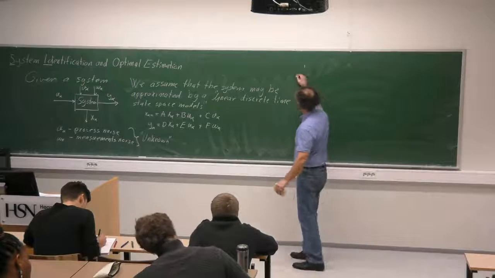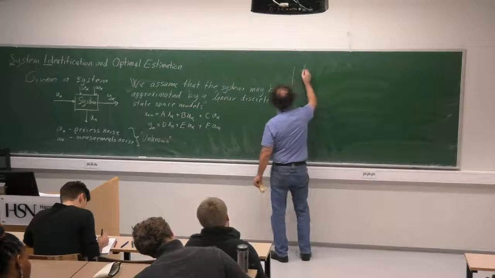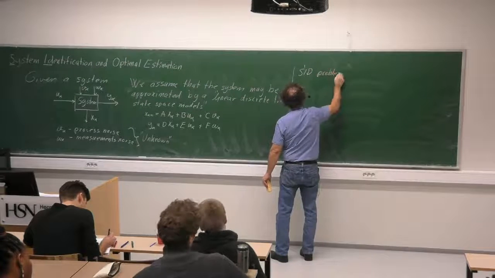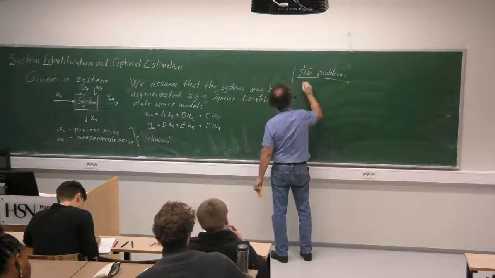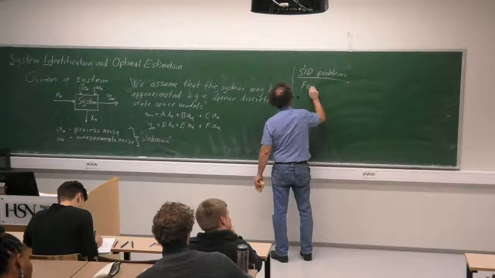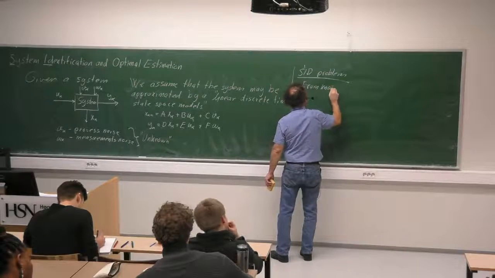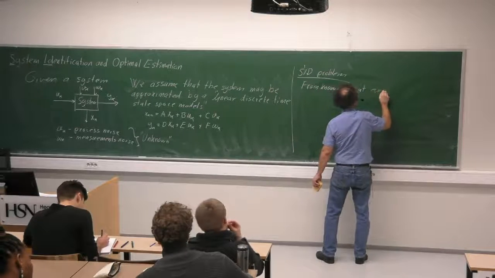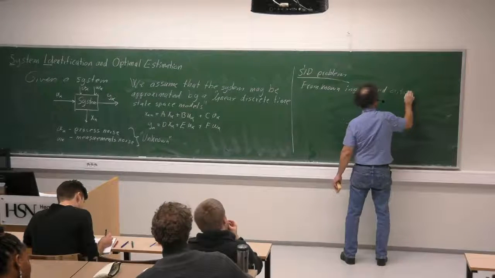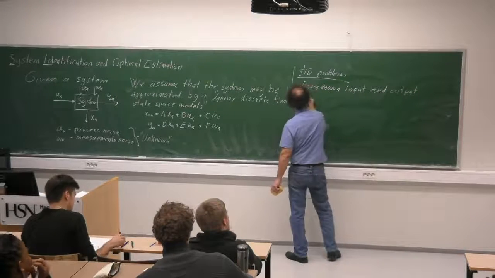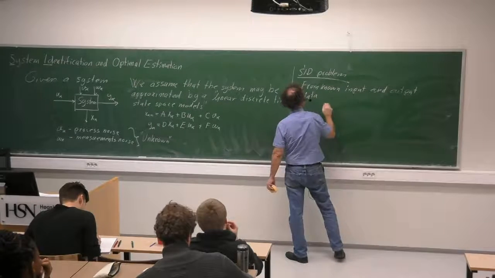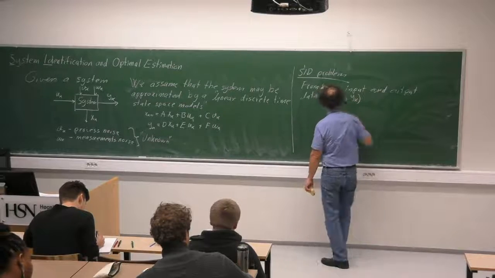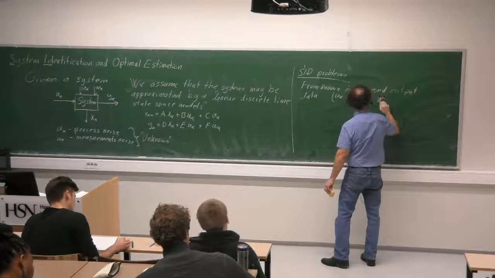So the SID problem: from known input-output data u_k, y_k, and write it like this also for all observations.